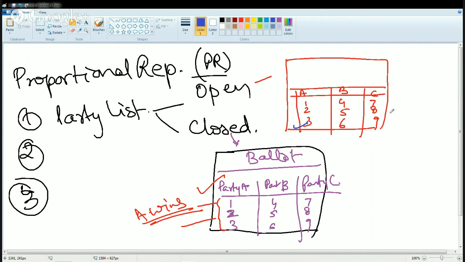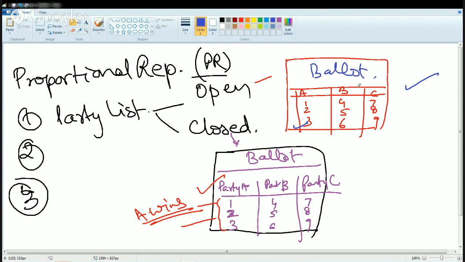Then all the votes would be counted for each candidate, and finally the candidate who has the maximum number of votes would be considered as the person who has won and will have a seat in the constituency. So this is a much more detailed form of the closed party list. You have the open party list.